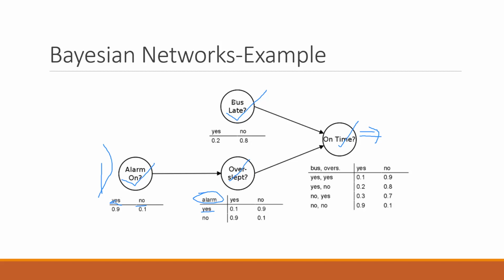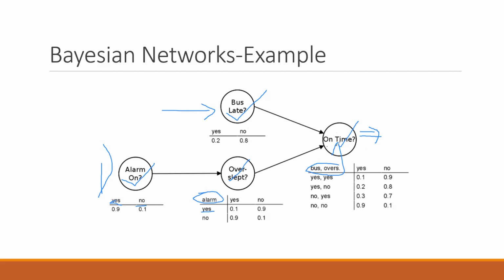Next, we have the bus late. Here we have two things, yes or no, because it is not dependent on any other event. Last, we have on time. Here we have two events which have already occurred, bus is late and overslept, and these two will be responsible for calculating the probability of on time. Bus also has yes and no, so these are two variables, and again we will have four possible combinations.